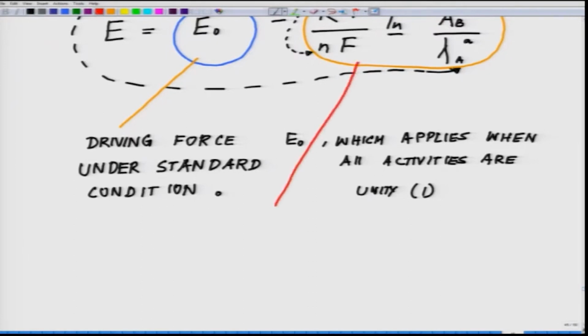pull it out. This second term is showing the dependence on reagent concentration. Now, what does that physically mean? There is a physical meaning to these two things, and for that I will again go back, taking help of the diagram here to make you understand.